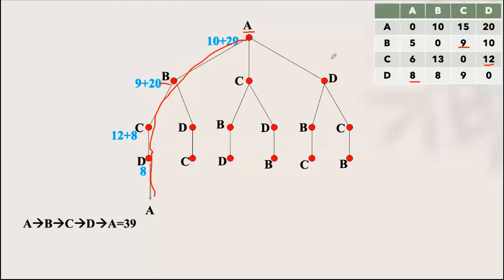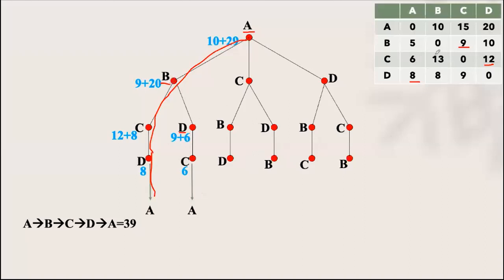Next, again. So this is the first path, A to B, C, D, A. Cost is 39. Next, the second path, we have to lead to A. C to A. C to A is 6. Next, D to C. D to C is 9. So 9 plus 6.